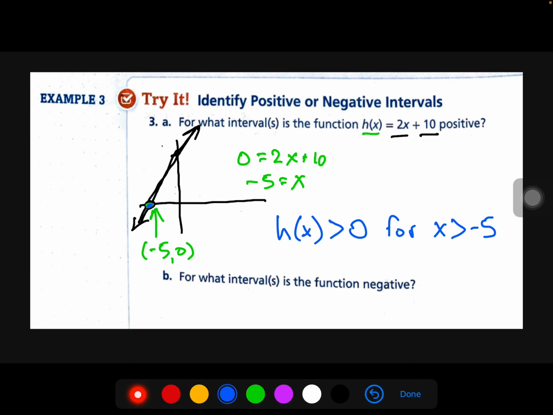For what intervals is it negative? Well, that's going to be just x less than negative 5, not including that tiny, tiny point right there because 0 is neither positive nor negative.